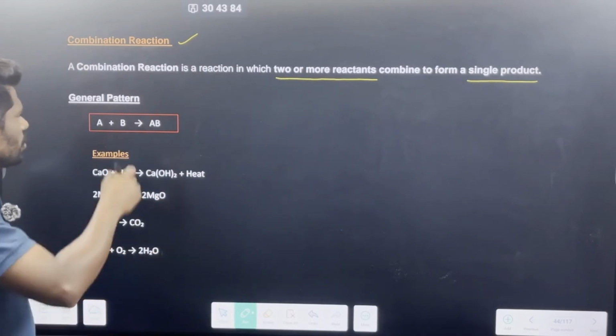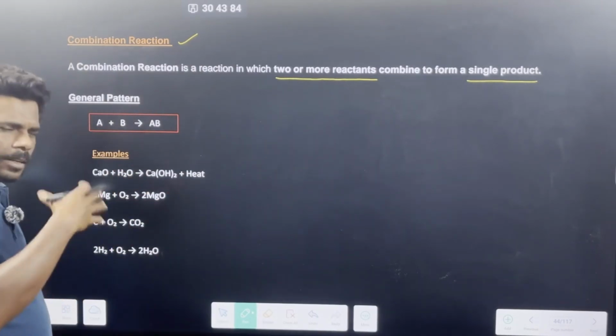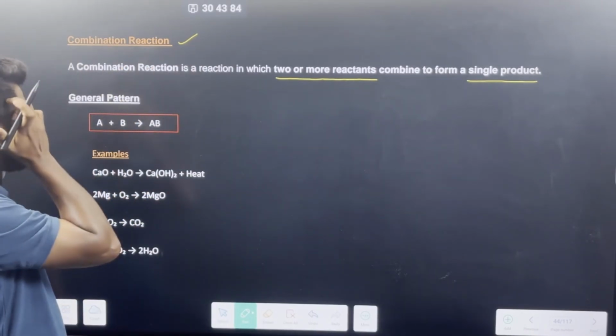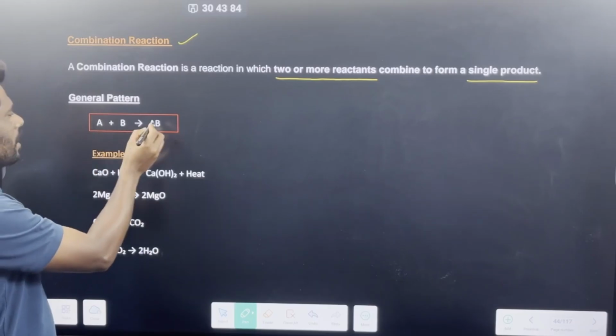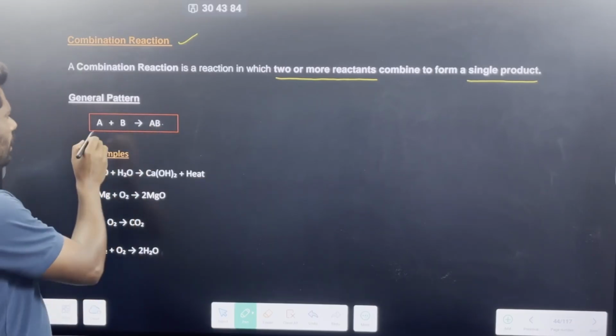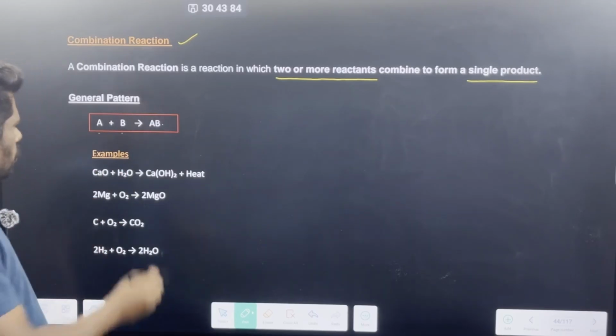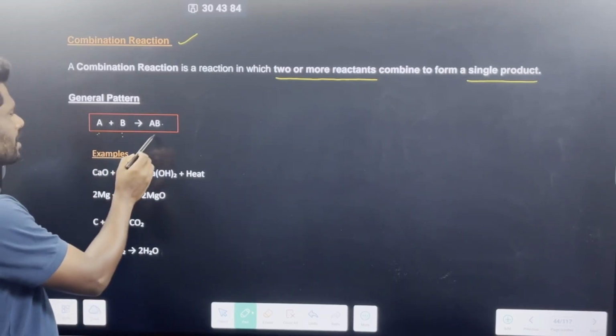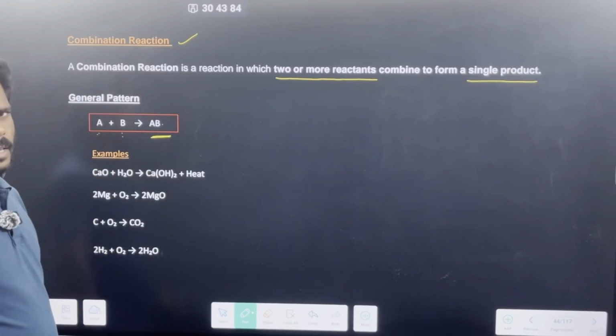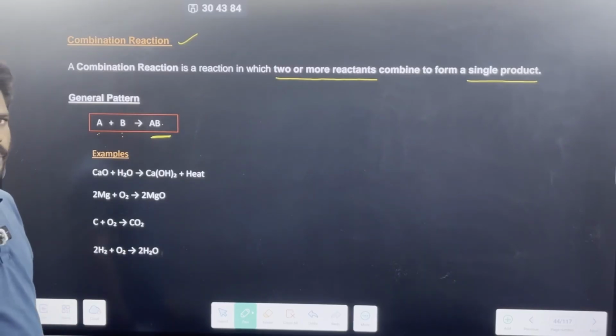Simple. Generally, the pattern of this combustion reaction is A plus B equals AB. Here A and B are the 2 reactants, AB is the product. So 2 reactants, single product, so we call it a combustion reaction.